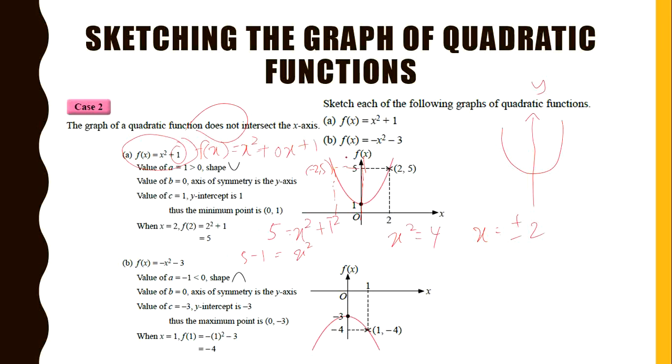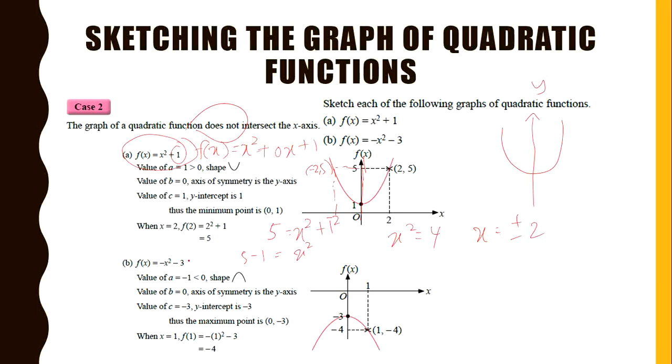It is the same with example B. In example B, when we look at the value of a, it is negative, so the shape is a frown. Then, as before, there is no value attached to x, so b is 0. When b is 0, the axis of symmetry is its y-axis.